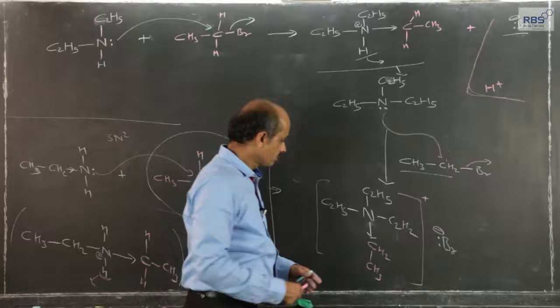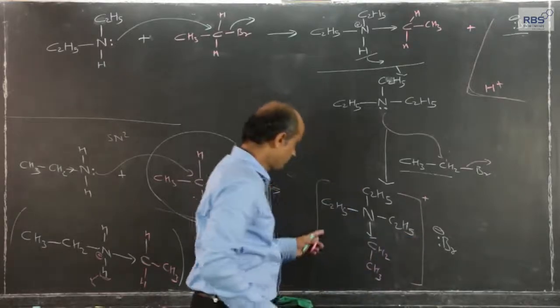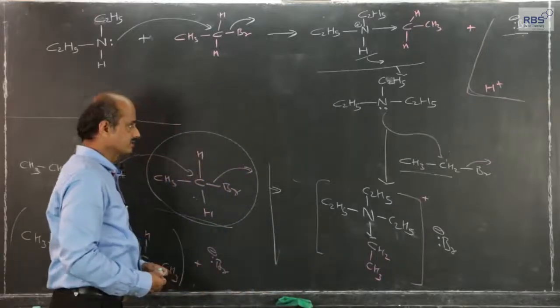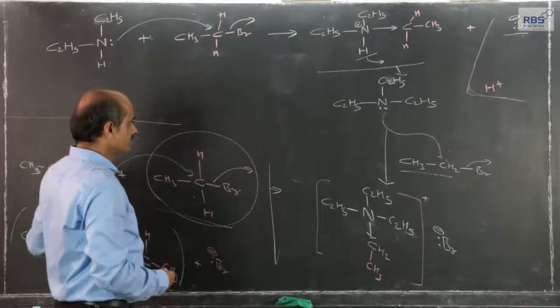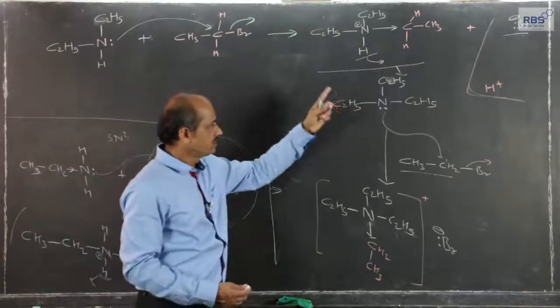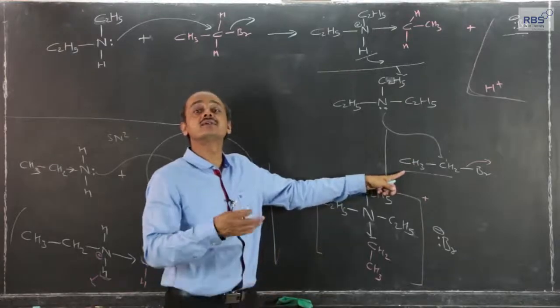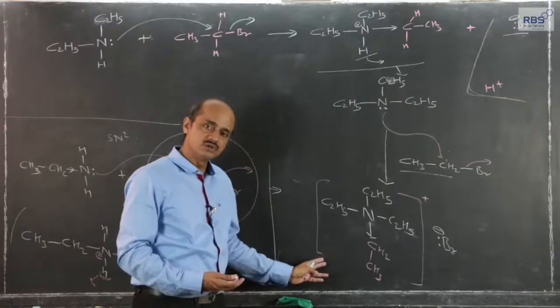This is called a quaternary ammonium salt. So, if alkyl halide were taken in excess, it will not stop at the first step, it will develop secondary amine, tertiary amine, and even this amine will further react with alkyl halide, if present in that excess, to give this quaternary ammonium salt.